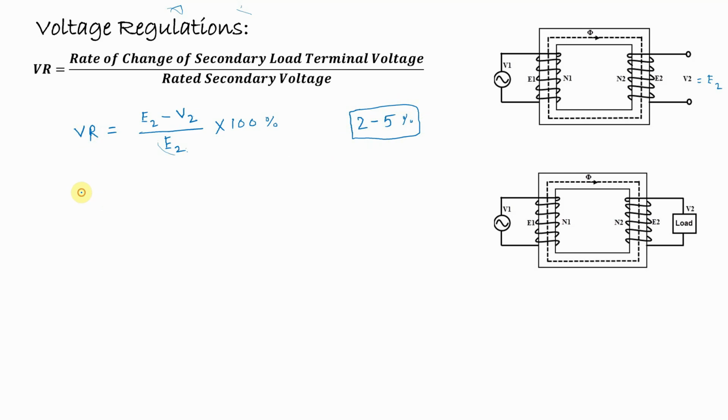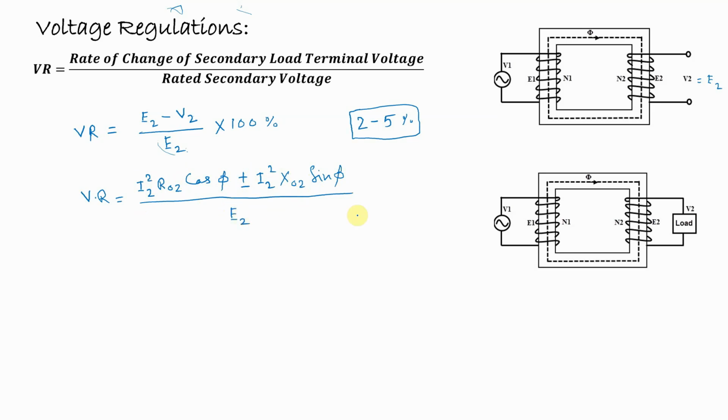Generally, during calculation, a formula is used for the voltage regulation, and it is represented as I2 square R02 cos phi plus minus I2 square X02 sin phi upon E2.